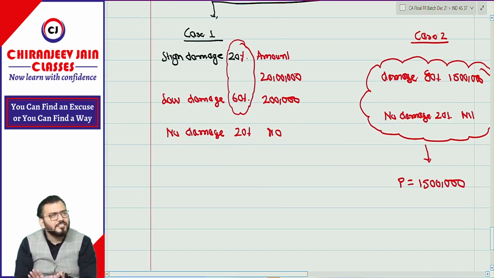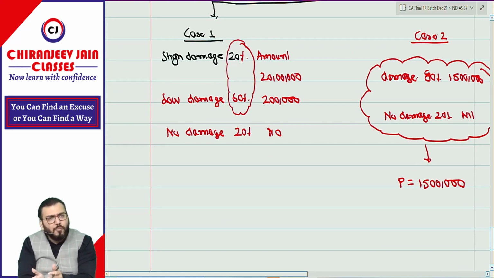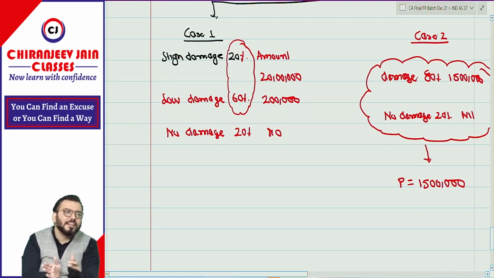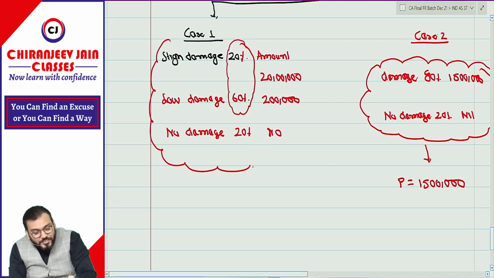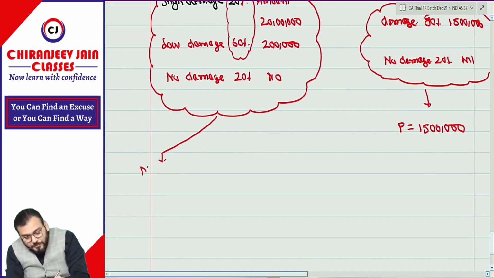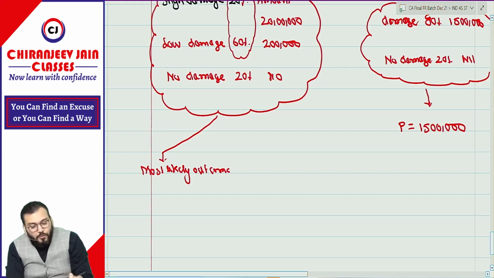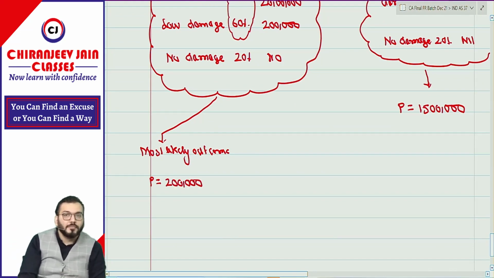In this case, correct now. What Ind AS 37 says, you can take either the most likely outcome, or you can take the weighted average also, because there is a single obligation now. Single obligation. So if you take the most likely outcome, what will be your answer? The most likely outcome is 2 lakh. Then your answer will be provision equal to 2 lakh. Correct?